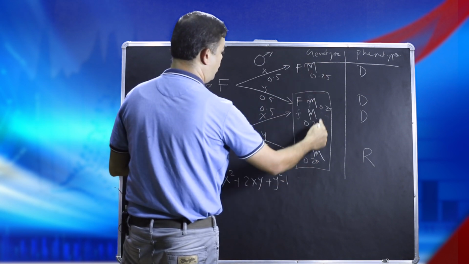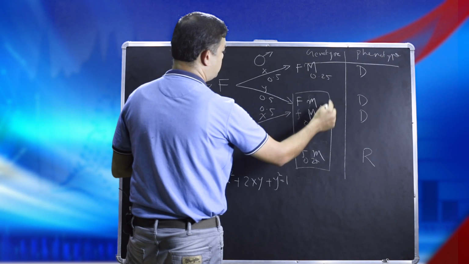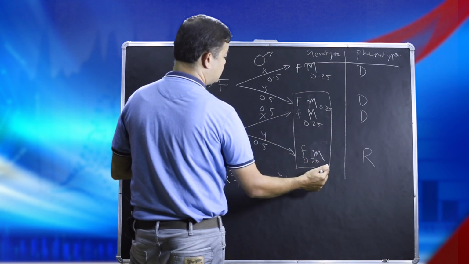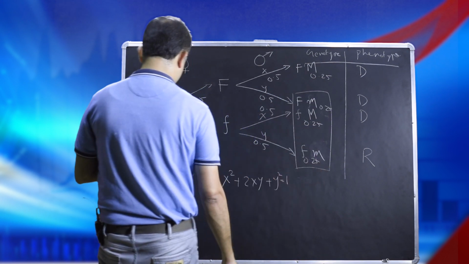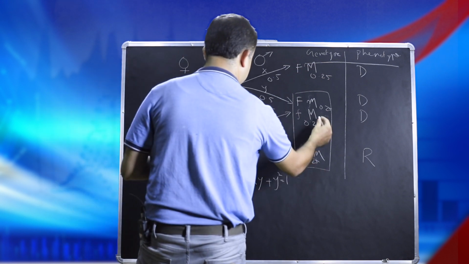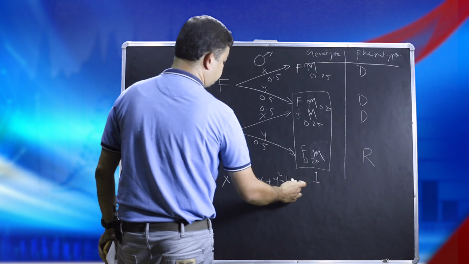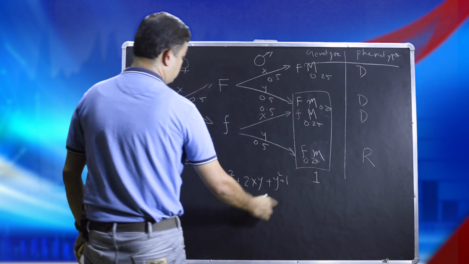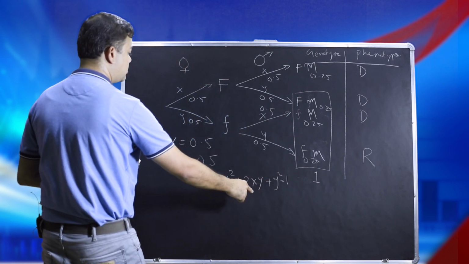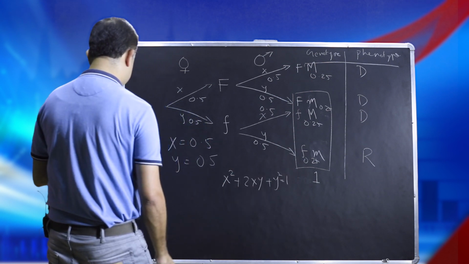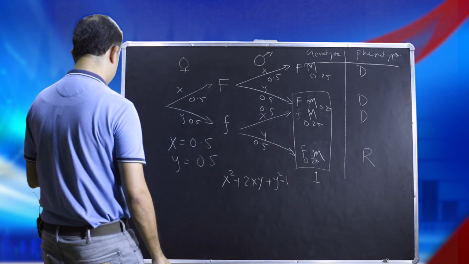If you add all these together, 0.25 plus 0.25 plus 0.25 plus 0.25, the entire value is 1. Without any selection or recombination, the frequency never changes. That is what it says.